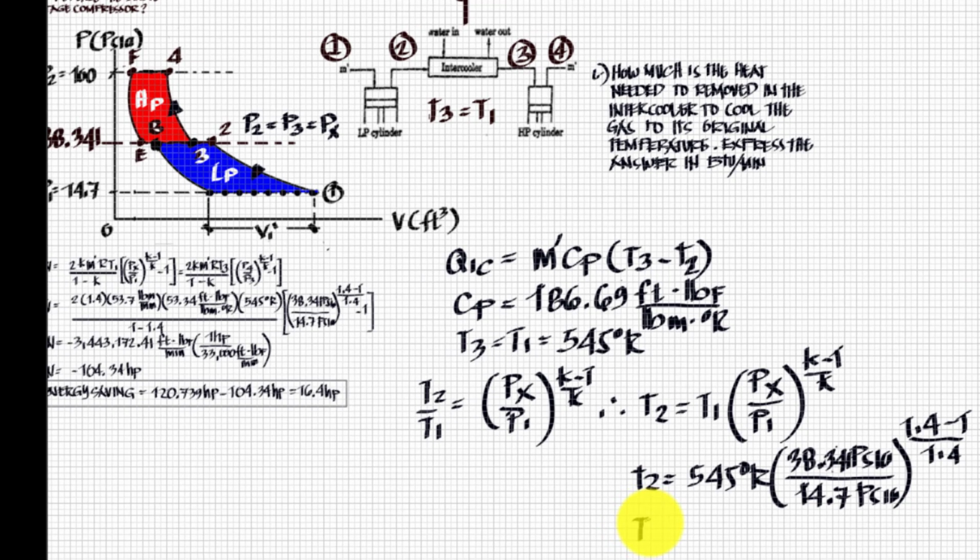This is now equal to T2, which is equal to 716.72 degrees Rankine.